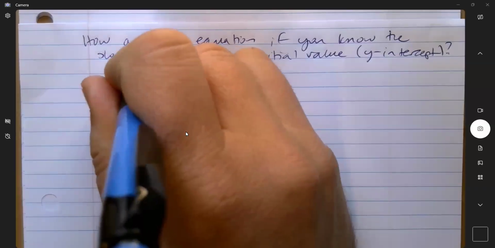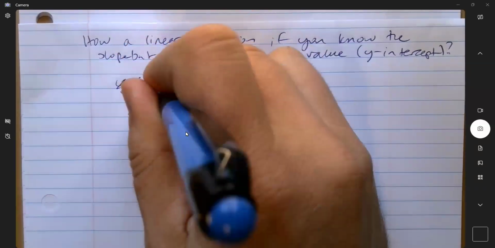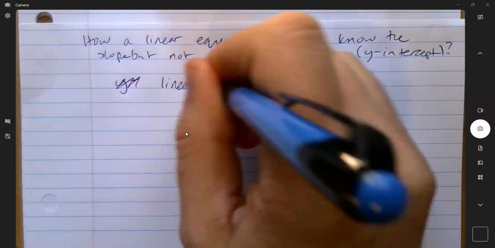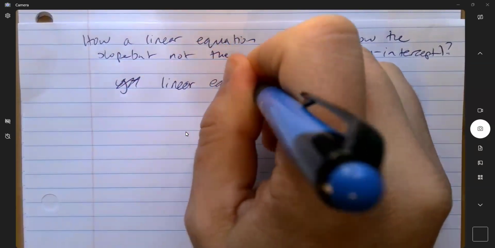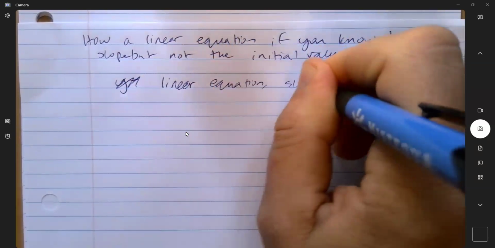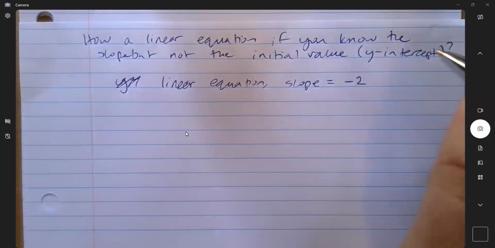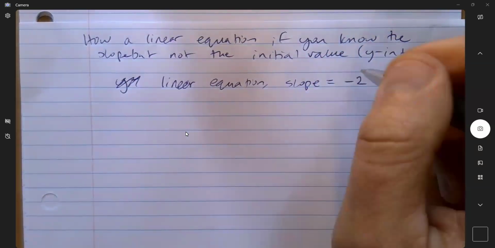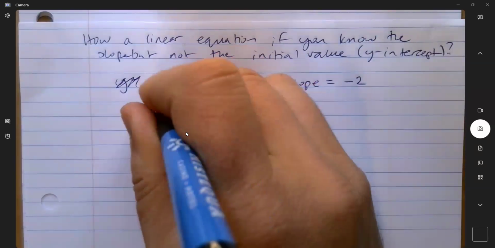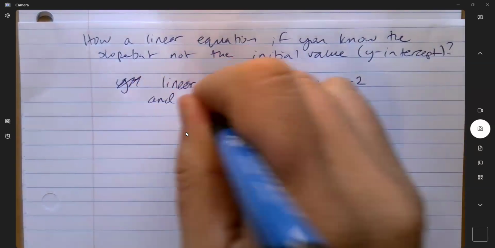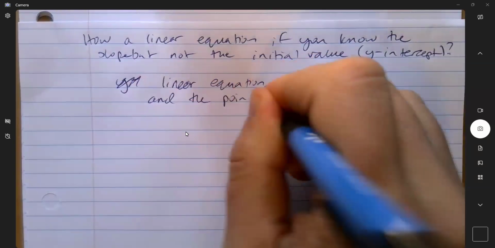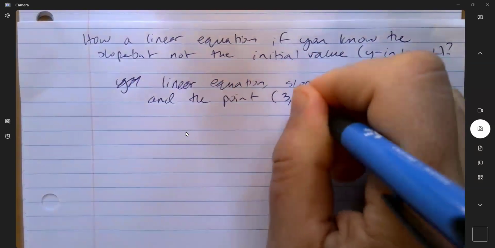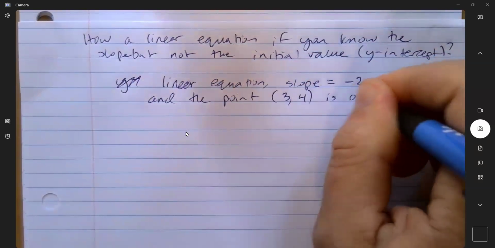I have some linear equation. The slope is -2, but I don't know the y-intercept. However, I do know another point. And the point (3, 4) is on the line.